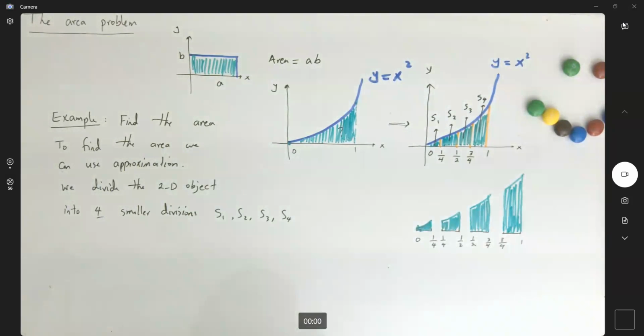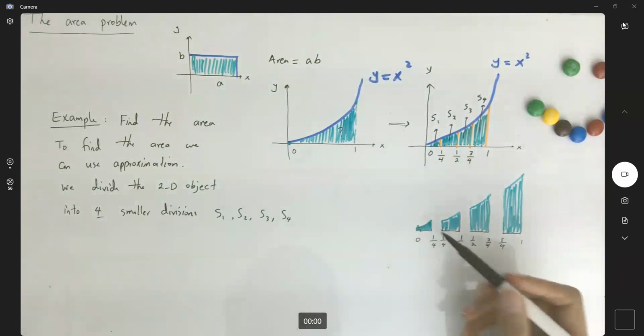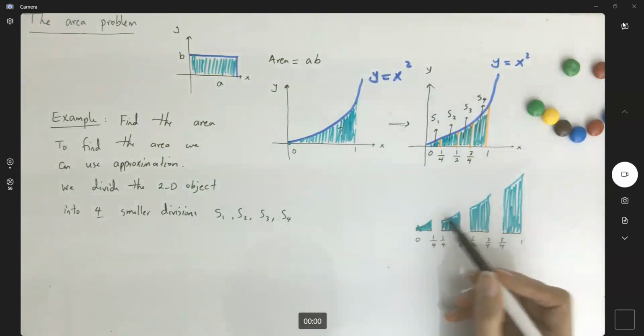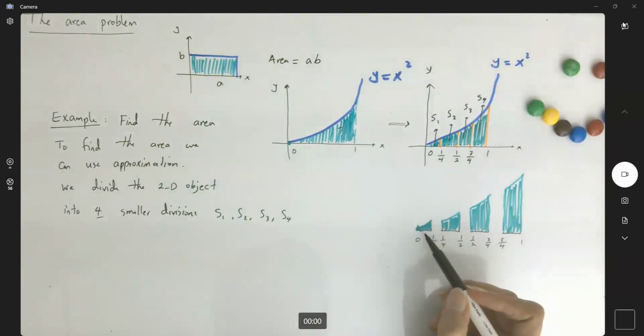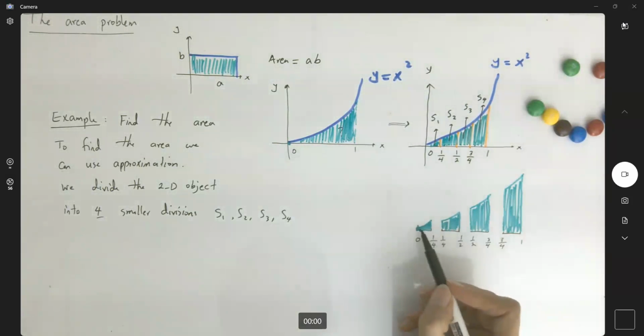You might be wondering, how can I find each one of these heights? Note that this top is tilted. It's not a horizontal line. One method is that we can use heights from the left.